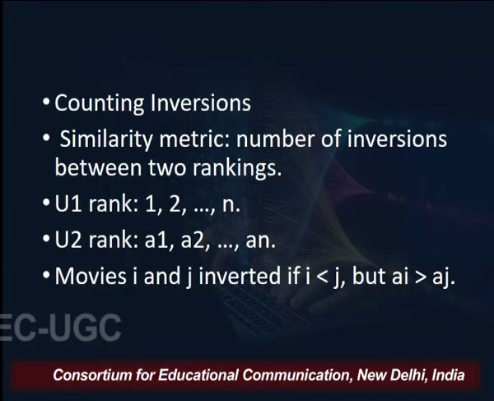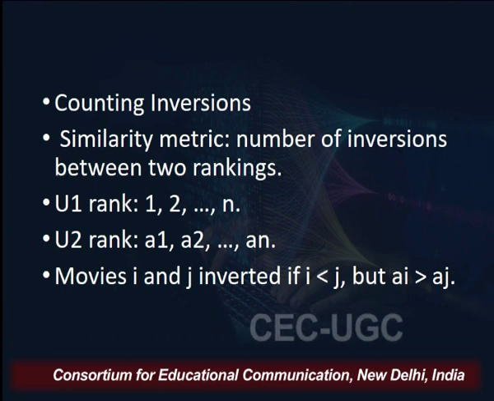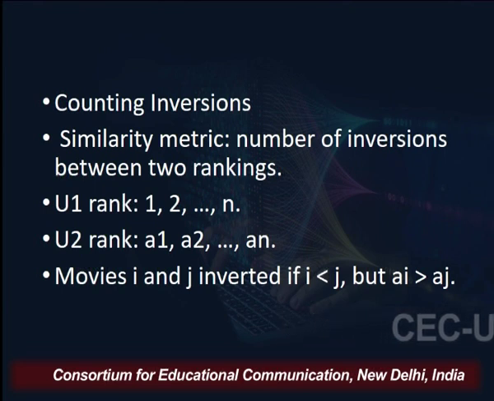In order to find the similarity, we need to look for the number of inversions between these arrays of two rankings. So I can say movies i and j are inverted if i is less than j, but A of i is greater than A of j. So what does this actually mean?